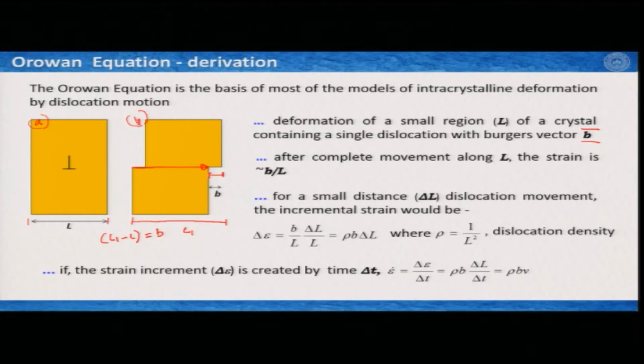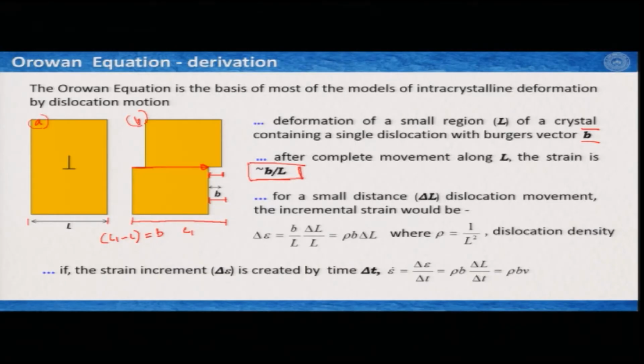When the movement is complete along this length L, then the strain is the Burgers vector divided by the initial length of the crystal, so this is L1 minus L divided by L. This is the strain that we have generated by moving the dislocation from one end of the crystal to the other.